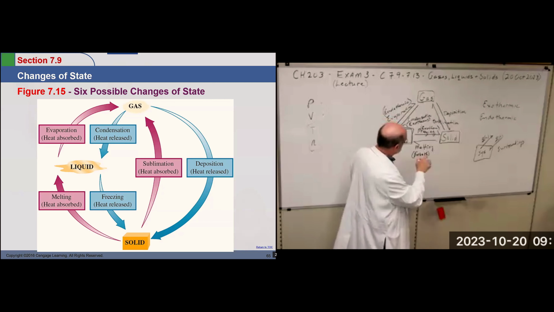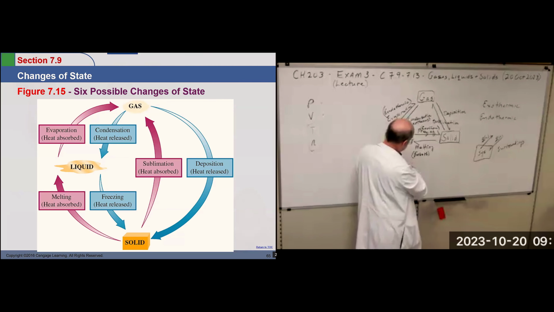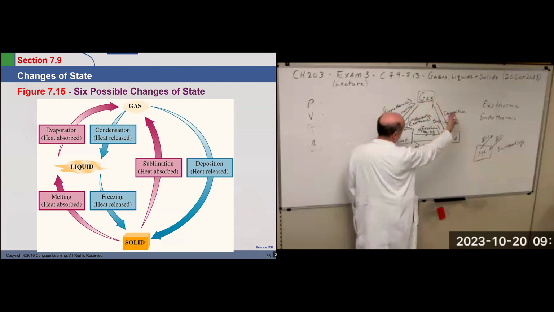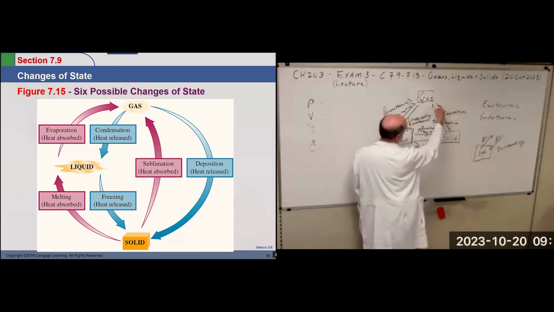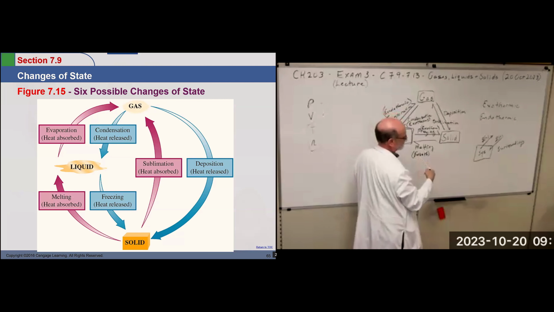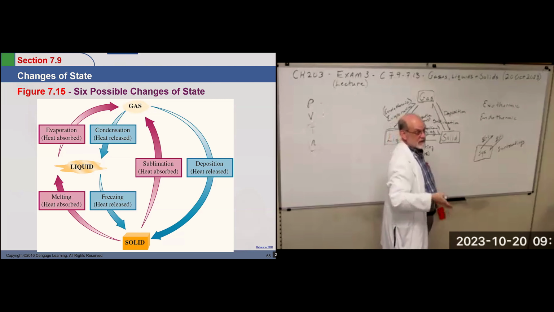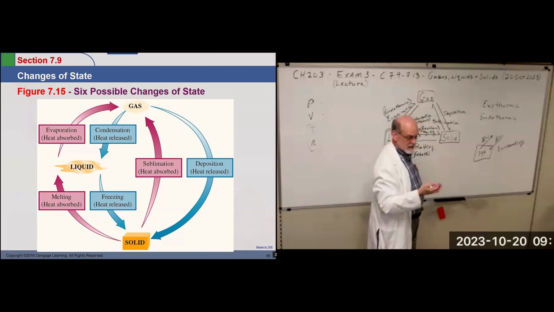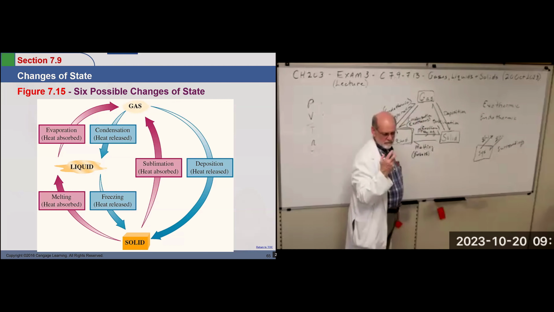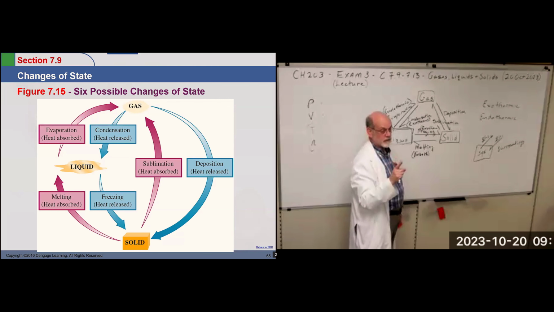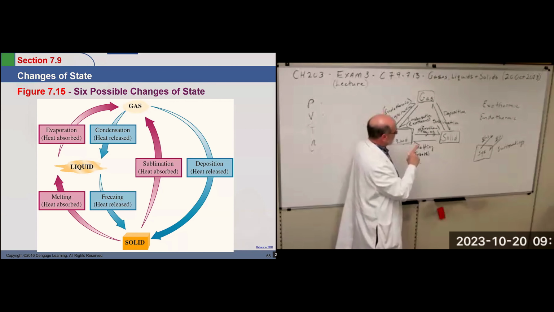Okay, how about the other one, the last one? It looks like if I'm going the same direction all the way around, the outer one should be endothermic. If we go from a gas to a solid, but it's not. If we go from a gas to a solid, it's got to give up heat. Think of it in terms of, we have talked about the kinetic molecular theory. That's what we started off with. I remember that. Think about the molecules.